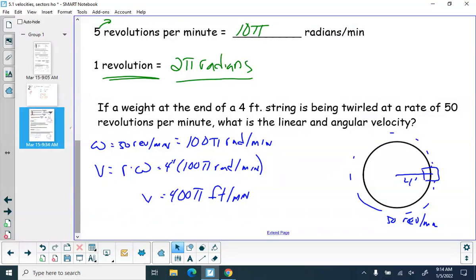Then we go down to dealing with some of the arc lengths and some angular velocities, some reference angles at the bottom, and some areas of sectors on the back, some revolutions per minute, and angular velocity on the back also. Questions? All right, rest of the time is yours.